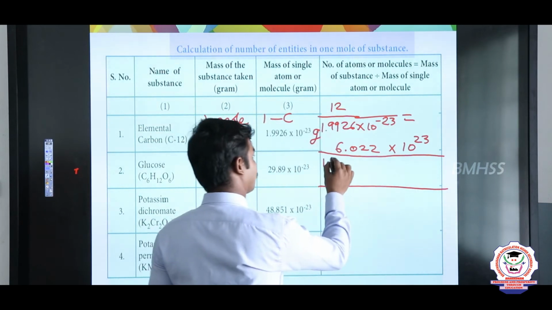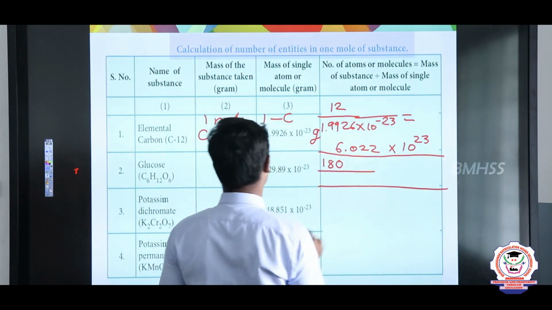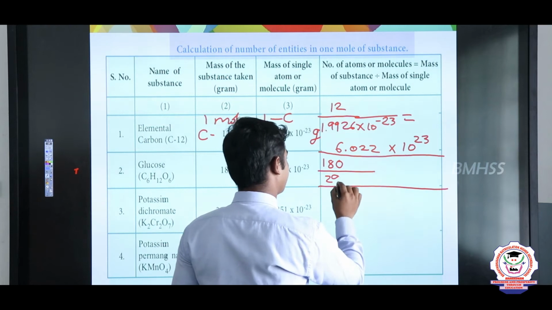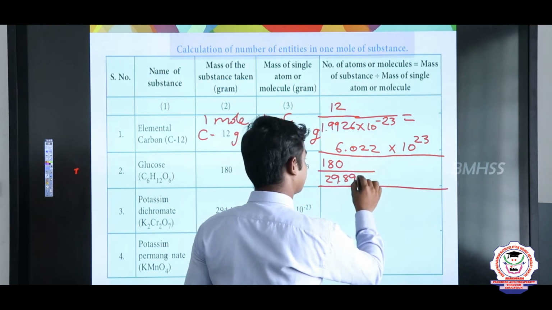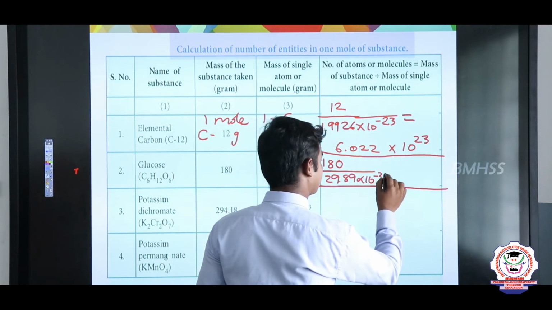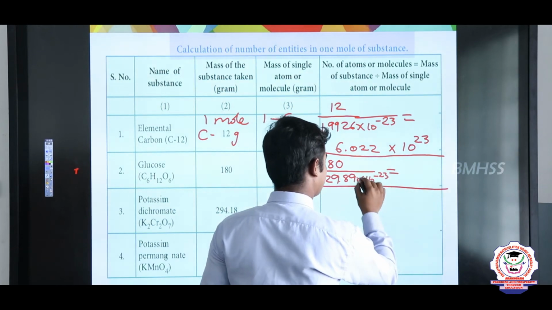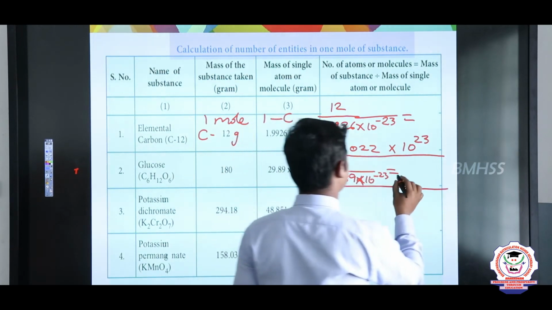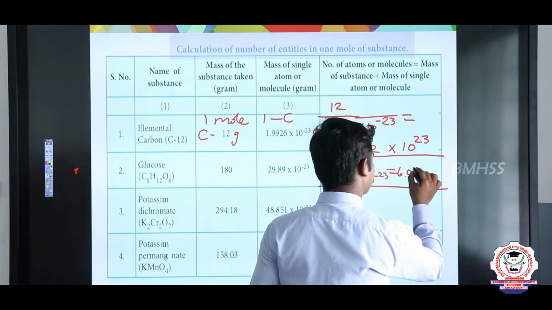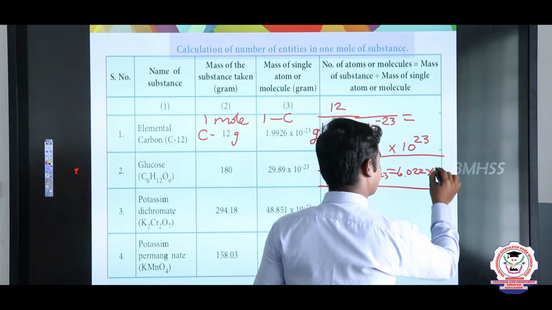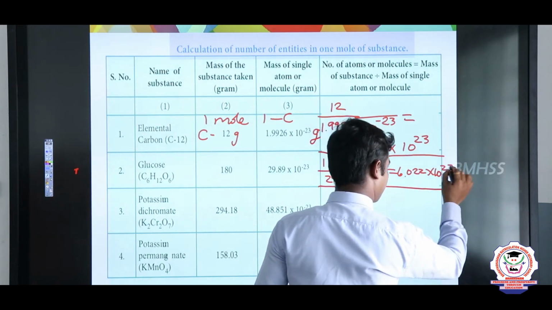The same value is also obtained in this concept. For this sum also, when we divide 180 by 29.89 into 10 to the power of minus 23, we get 6.022 into 10 to the power of plus 23.